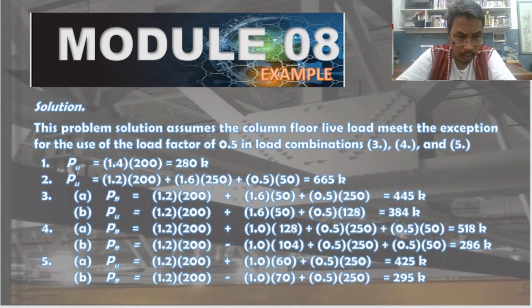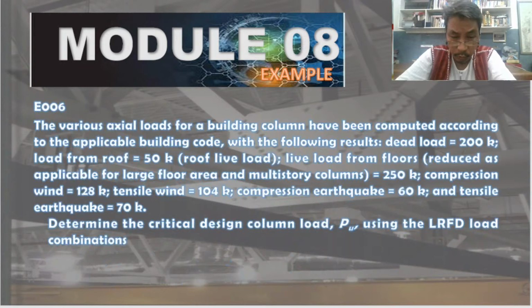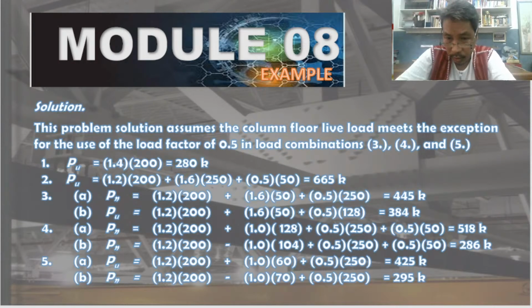Again, what is 128? That is, I think, wind. 128 is wind, so compression wind. So that is equation 4. That is wind times 1. So 1 times 128. And then also, if we use the negative 104, also multiply by 1.